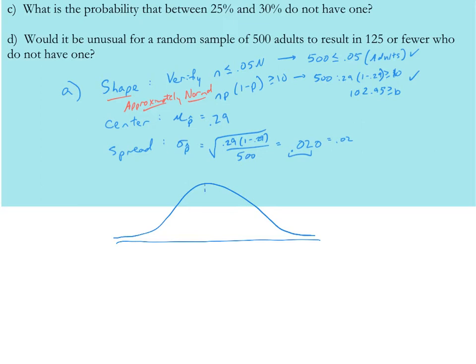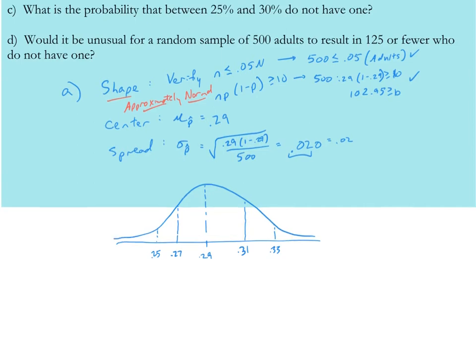The center of the distribution, 0.29. And the spread, the standard deviation, I can subtract 0.02 and add 0.02, 0.31. I can subtract it and add it again, 0.25, 0.33, etc. And I could write one more on there. I'll just write 2 for right now. All right, that is what this distribution looks like.